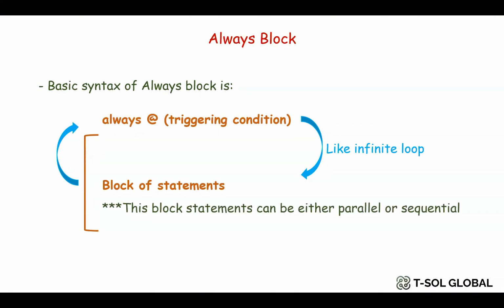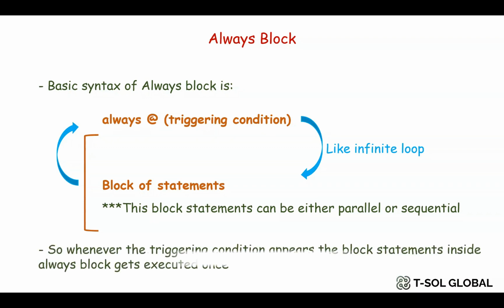The block statements include the logic, and these statements can be either parallel or sequential. Whenever the triggering condition appears, the block statements inside the always block get executed once, and this keeps happening like an infinite loop. So whenever the triggering condition appears, the always block will be executed.